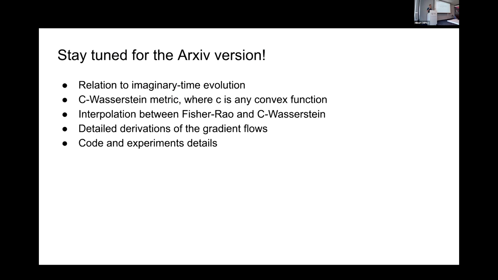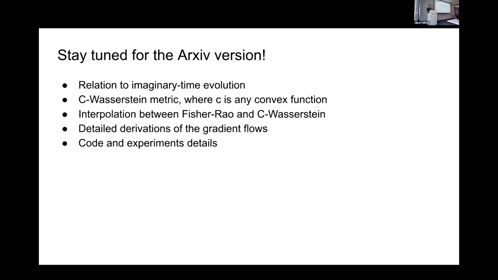Actually, this Fisher-Rao gradient flow is nothing else but imaginary time Schrödinger equation evolution, just written in terms of densities. And that's it. Then we can mess with the gradients a bit. We can consider the Wasserstein distance, but with a different cost on the tangent space, with C any convex function, and it really helps in practice.